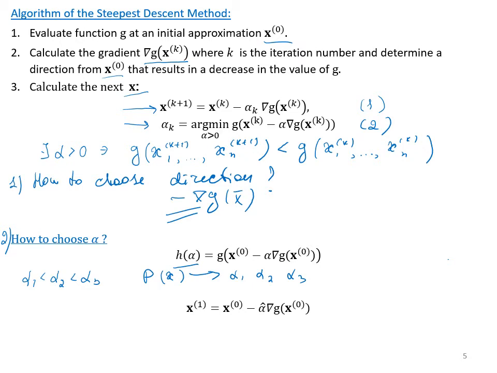And now we introduce new value, alpha, let's say hat, which belongs to interval alpha 1, alpha 3, so that polynomial at this point alpha hat is a minimum in this interval, and we use this polynomial to approximate the minimum value of our function h.